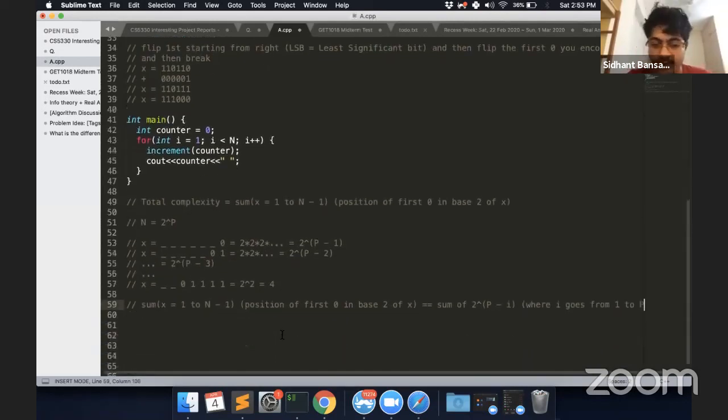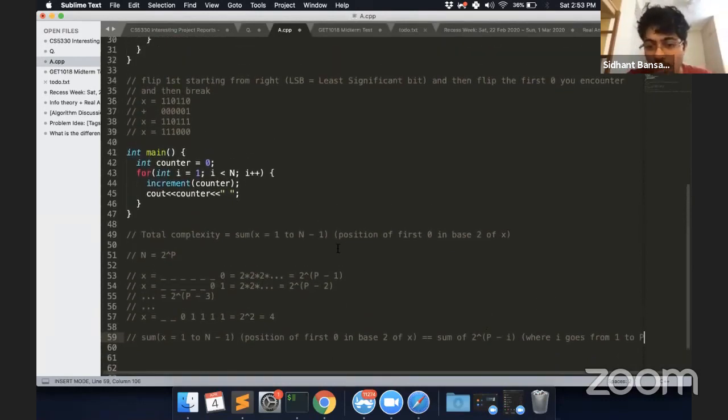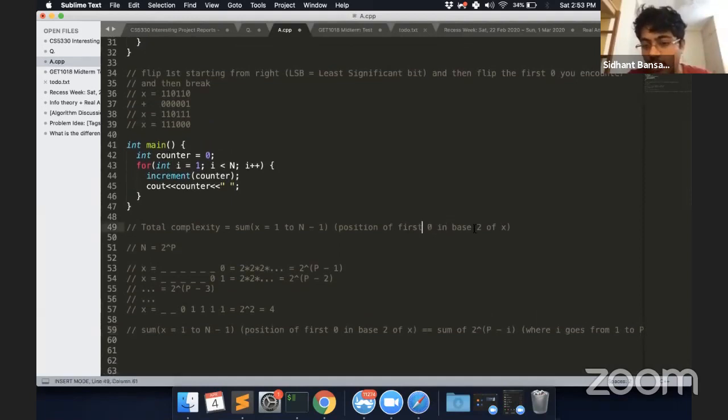Both these things are equivalent, because in this one we are trying to count the position of 0 for each x. Here, I'm just regrouping the x's. I'm saying, let's first count for only those x's which have the rightmost digit 0. Then let's count for all those x's which have the rightmost digit as 1 but the second rightmost digit is 0, then count for a few more x's. I'm just regrouping the sum.